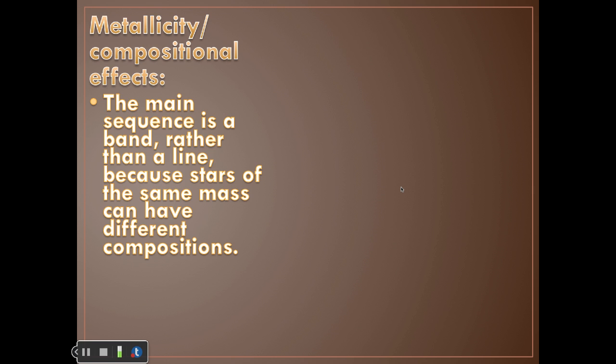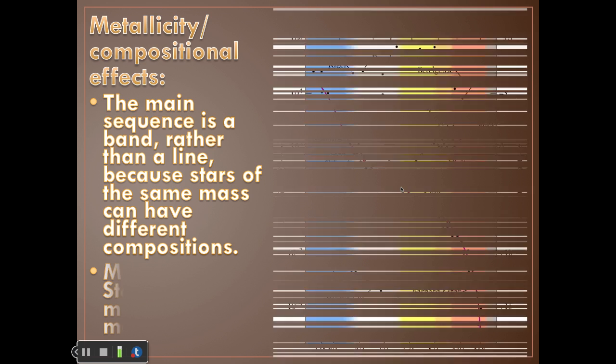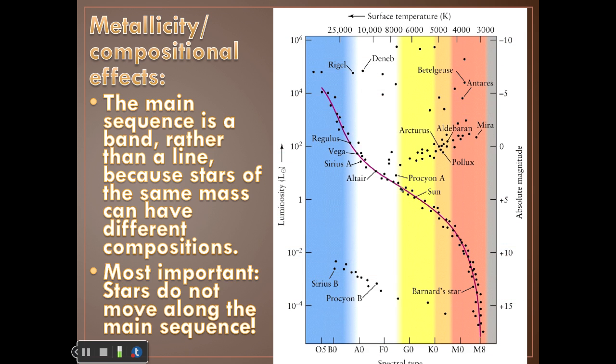So let's just talk briefly about these compositional effects. Because we have these differences in composition and they affect the flow of energy, you can imagine that you've got a star that's kind of like the Sun but has more metals. It's going to affect the way in which the energy gets out from the center. It's also going to affect how much energy you can make, because it's going to affect the nucleosynthesis in the core.